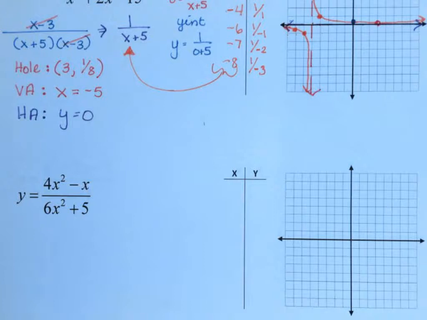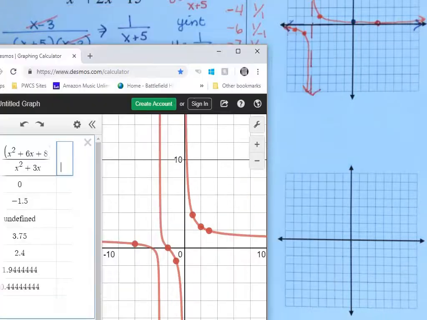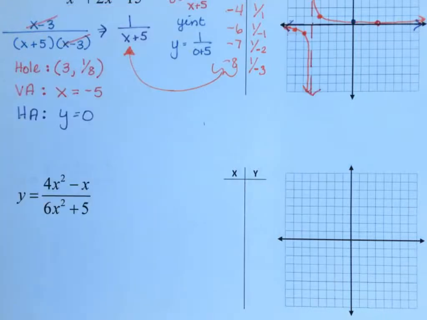Check your neighbors on what you got for your holes and your vertical asymptote.